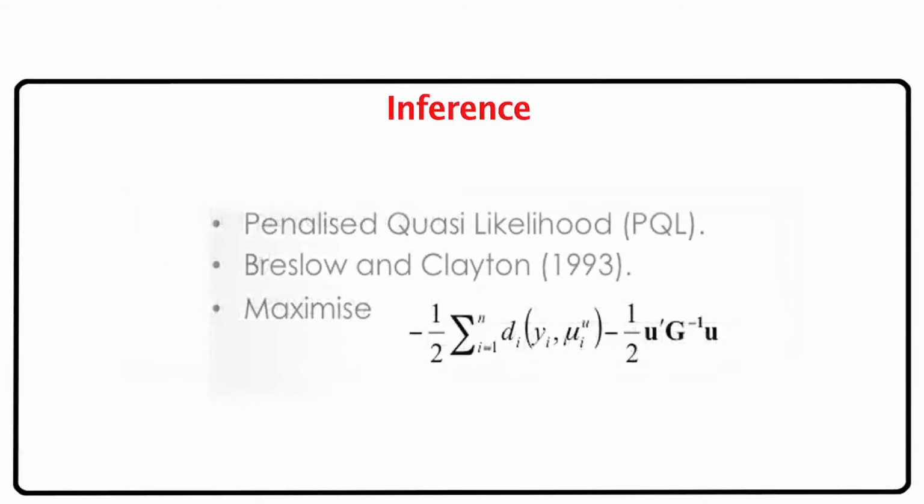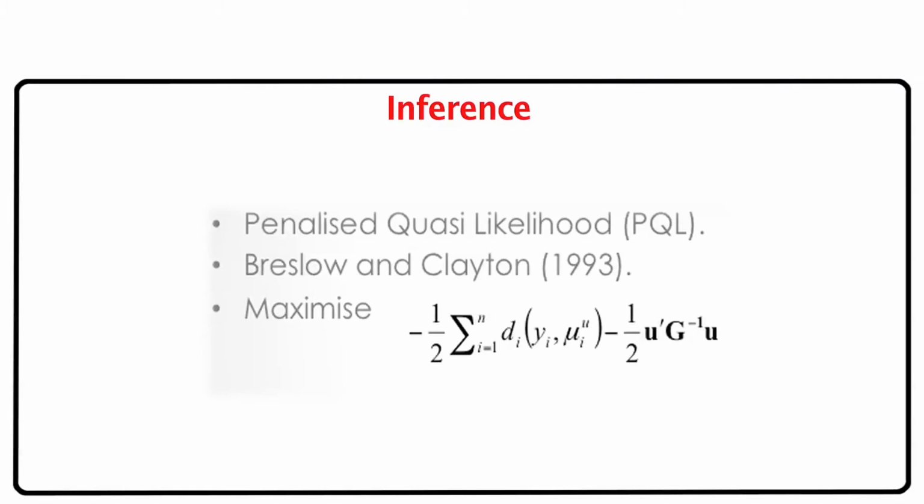A principle of inference which gets around this is penalized quasi-likelihood, or PQL. This has been very well discussed and developed in a seminal paper by Breslow and Clayton published in 1993 in JASA, which in fact is one of the most cited papers in statistics.